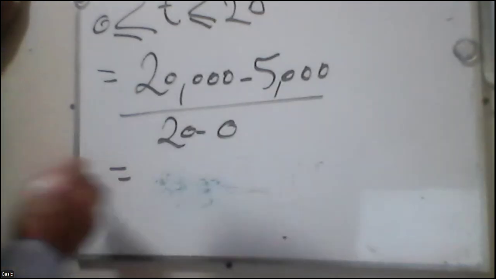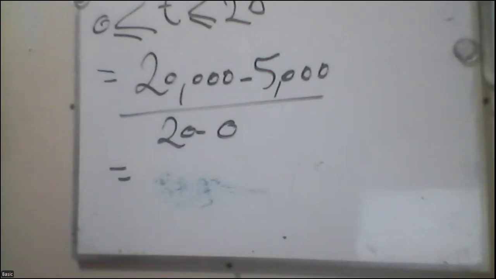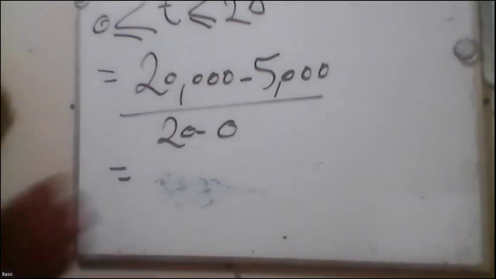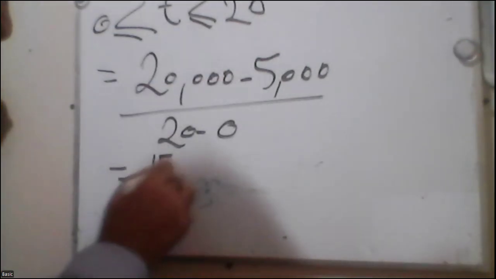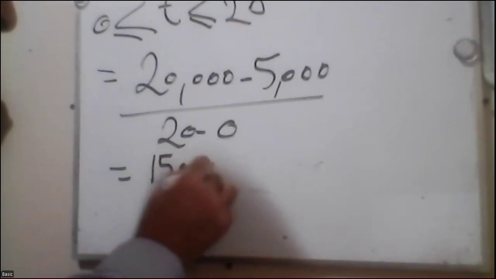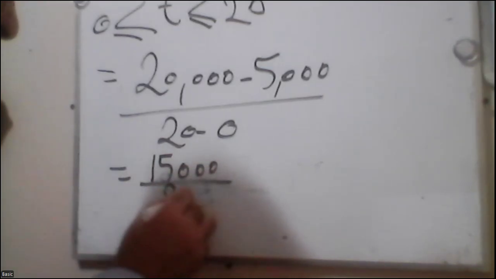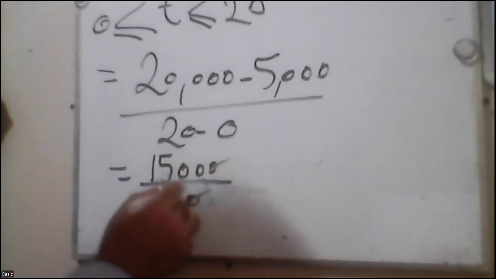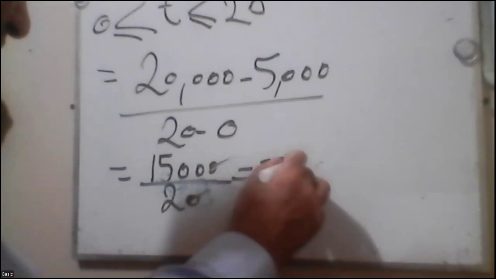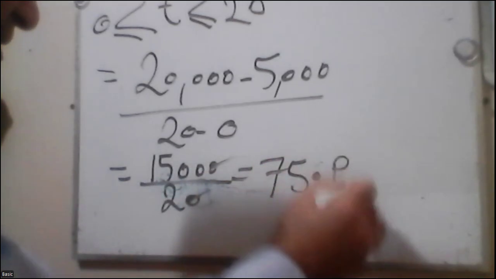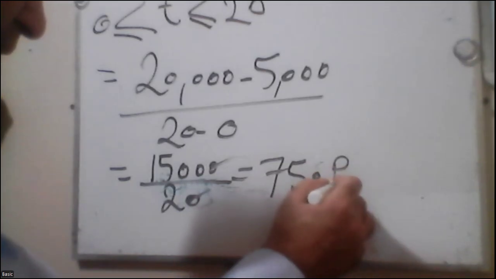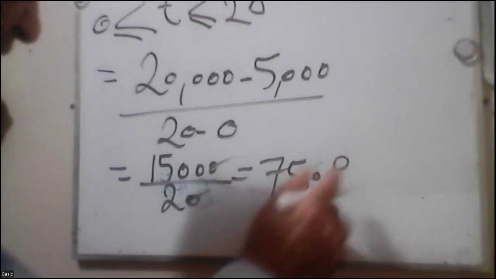So this will equal, let me just get to see the screen. That will equal 20,000 minus 5,000, that is 15,000, divided by 20. So this will equal 750 persons per year.